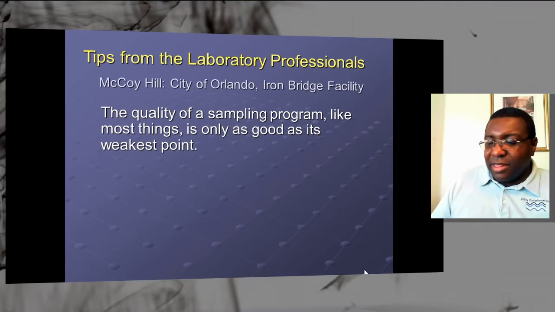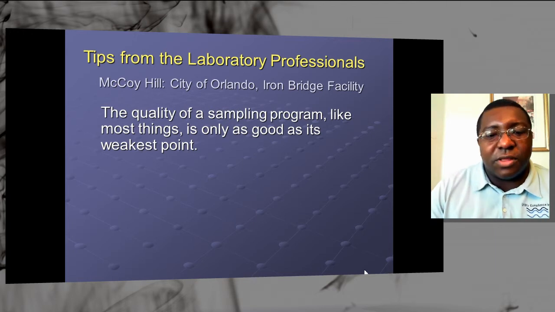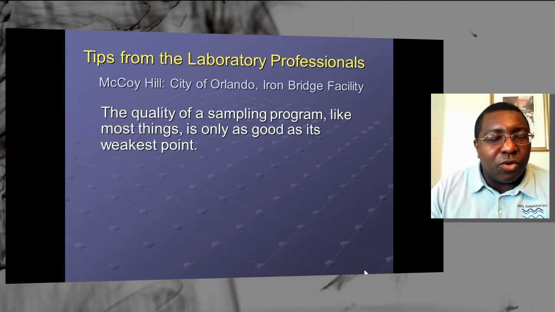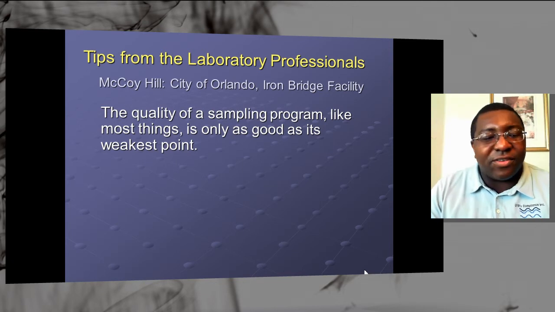Now, at the end of this, these are some of the people who I talked to help put this presentation together. I asked them several questions, and one of the questions was, if you had a tip for laboratory professionals, what would your tip be?